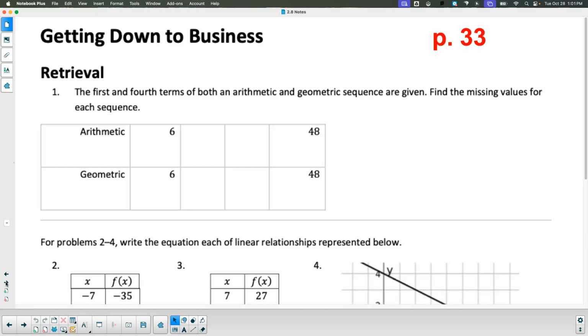There are enough for both on those, and then find me an equation for each of those linear relationships in numbers 2, 3, and 4. Okay, get at it.